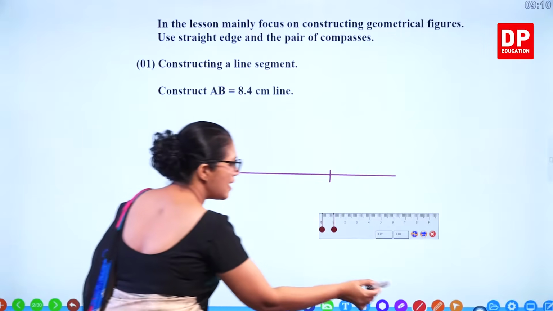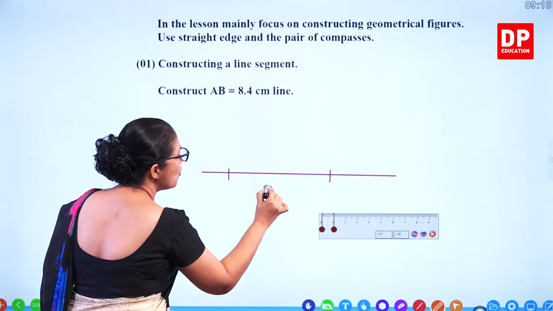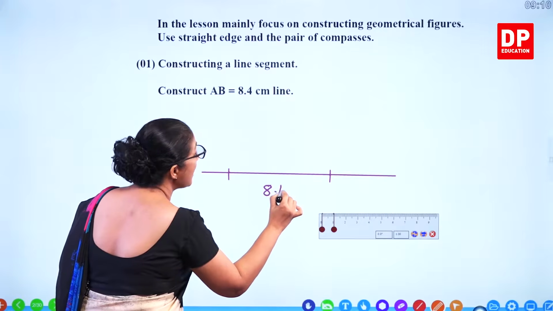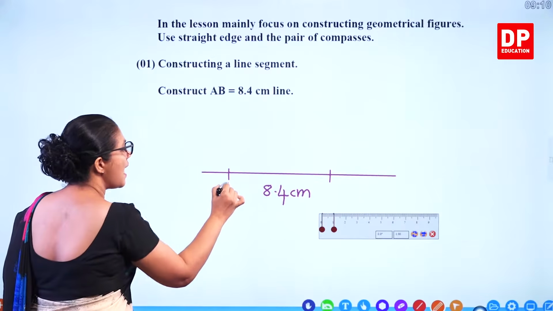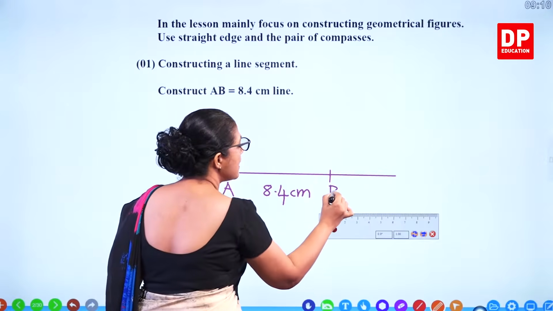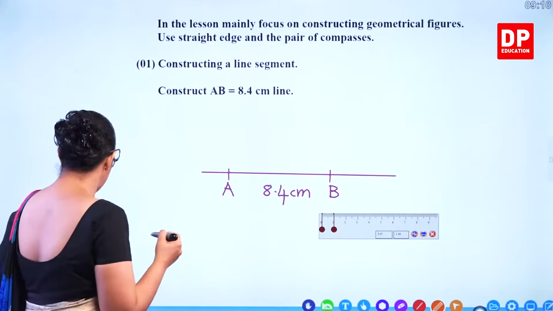Now we can see the length is 8.4 and the 2 points are A and B. So this is 8.4 centimeters and this is A and this is B. So this is a line segment.